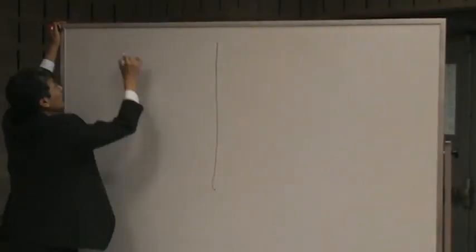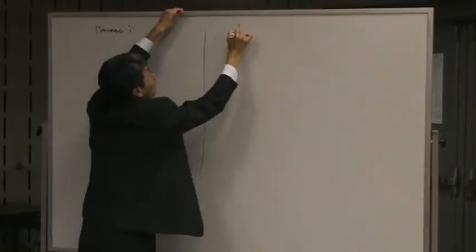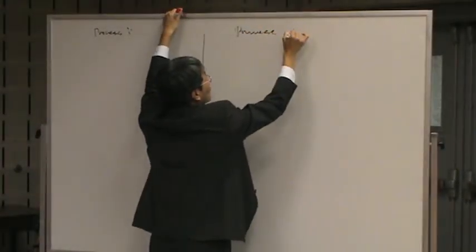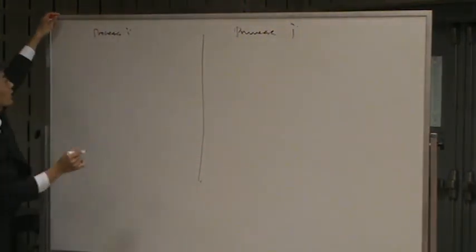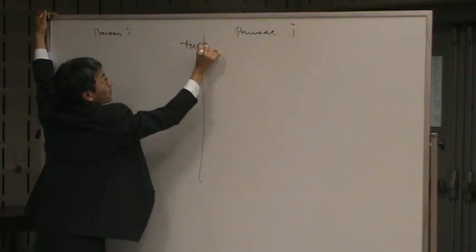So let's say we have two processes, process I and process J. There is a common variable, turn. Turn right now is null.